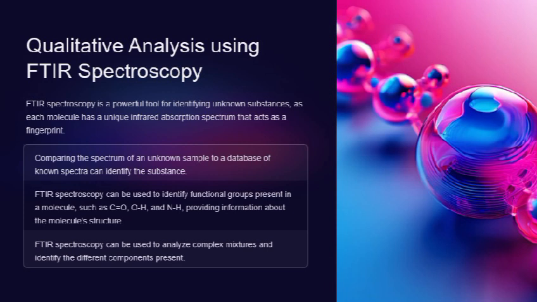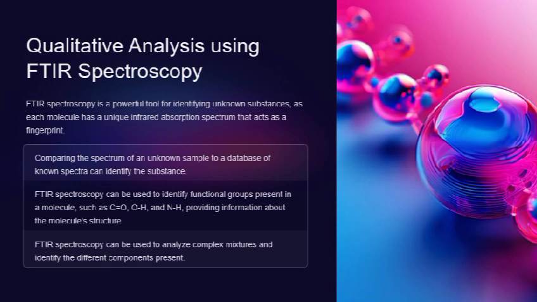Qualitative analysis using FTIR spectroscopy. As we all know, FTIR spectroscopy is a powerful tool for identifying unknown substances, as each molecule has a unique infrared absorption spectrum that acts as a fingerprint. Comparing the spectrum of an unknown sample to a database of known spectra can identify the substance.